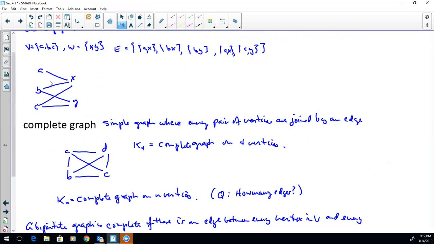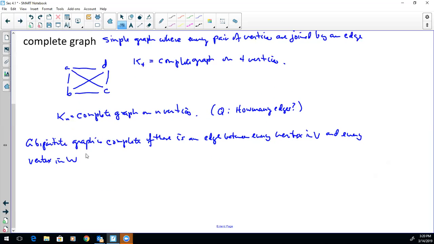This one I have up here is not complete, okay, because I don't have an edge between A and Y. Let's do another one here. Let's put A, B, C, D, and Y, Z here.